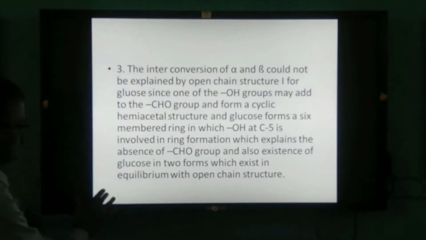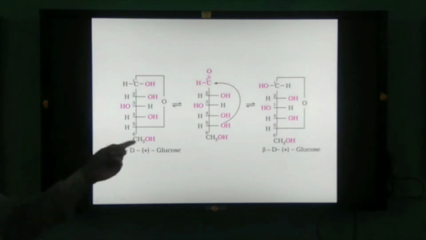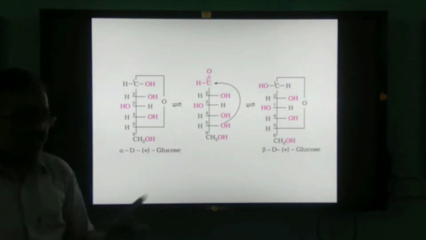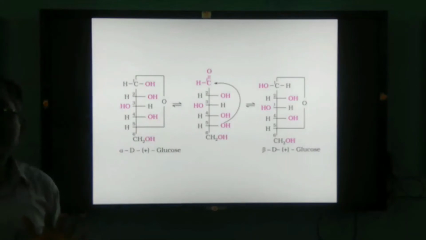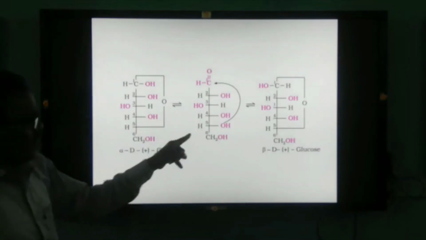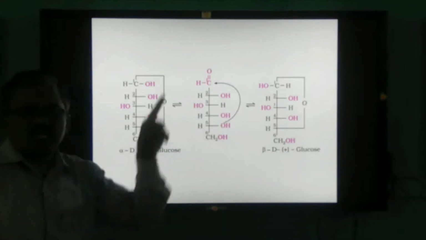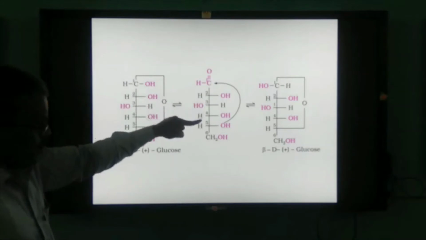Now, come to this. Yes, here it is neatly explained, the formation of a cyclic structure, that is called hemiacetal form. So this is the first structure proposed by Fischer. Here what is shown through arrow marks, you count the carbons from the top. Carbon 1 aldehyde, 2, 3, 4, 5, 6.